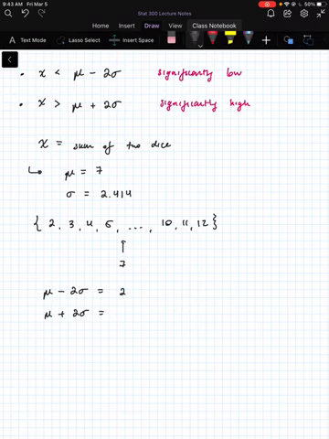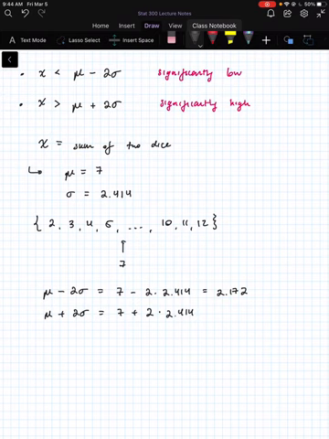So we find that mu minus 2 sigma is going to be 7 minus 2 times 2.414, and that is 2.172. And the upper boundary on this will be 7 plus 2 times 2.414, which is 11.828.